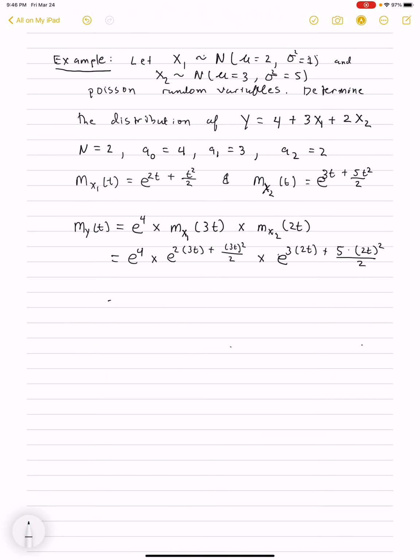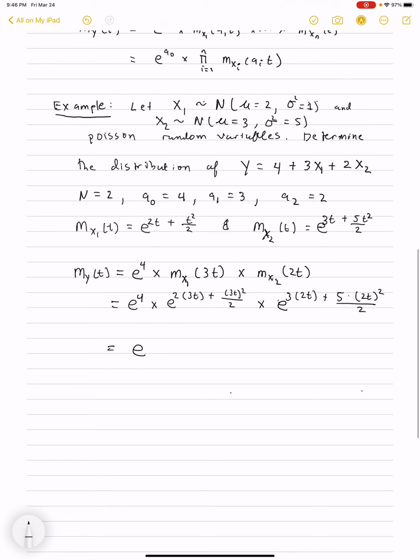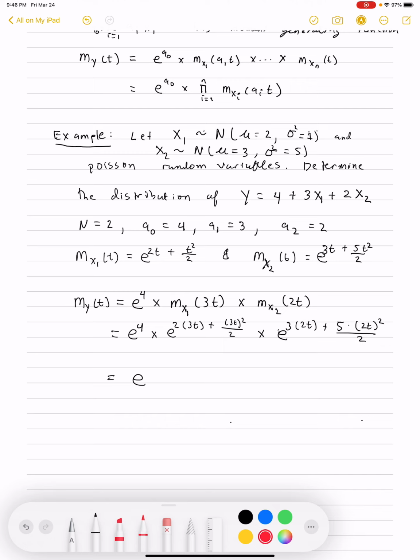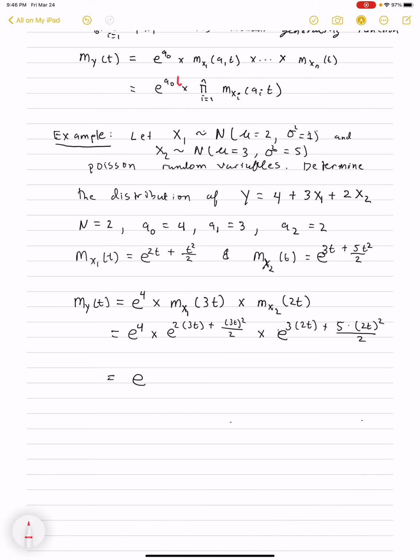Okay, now let's just combine this. They all come under one exponent. So this will be e to the 4. And I apologize, there's one thing that should be done slightly differently, which is this should be a naught times t there. So this should be 4t.